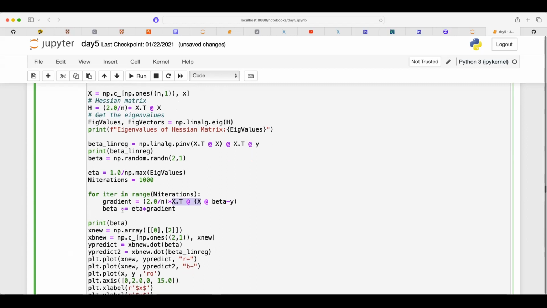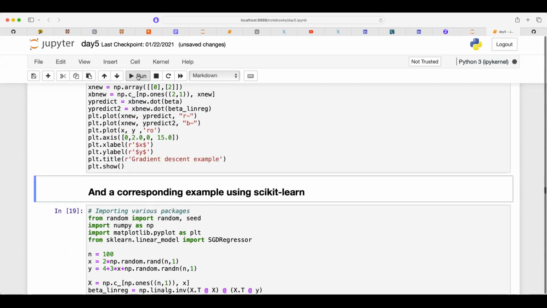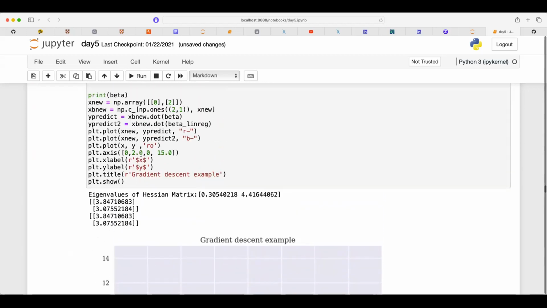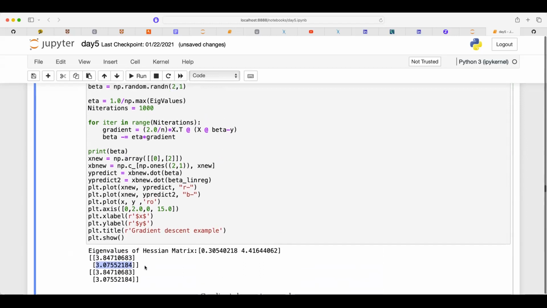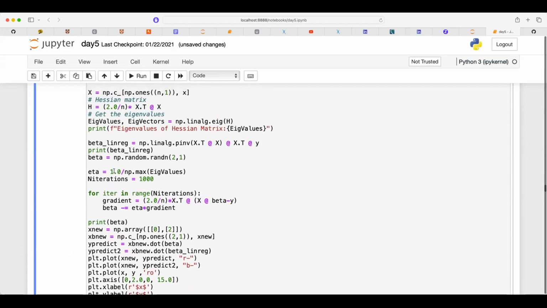So this is your beta, and here we just update it. And if I then plot it, let's take away the noise. You see first, this is my matrix inversion, ordinary least squares, and you see that I get the same result here. So I now tuned the value of the learning rate to be optimal.